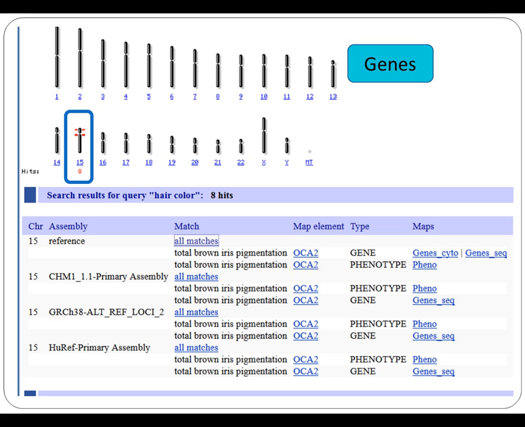Genes are just strands of DNA that code for proteins. And maybe thousands is a more accurate guesstimate of the total number of genes per chromosome.